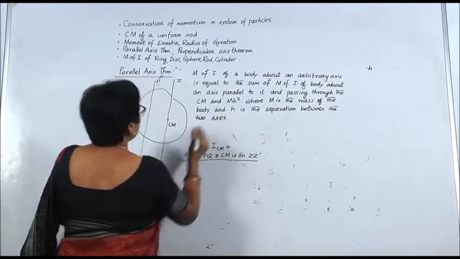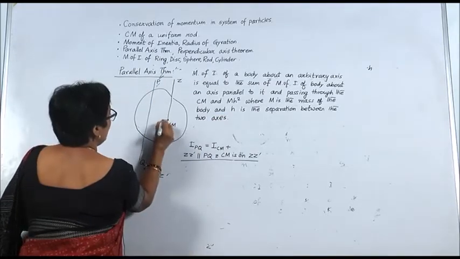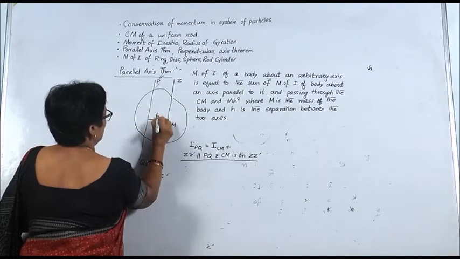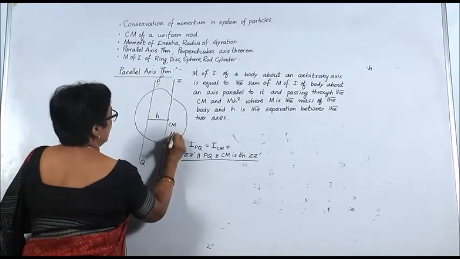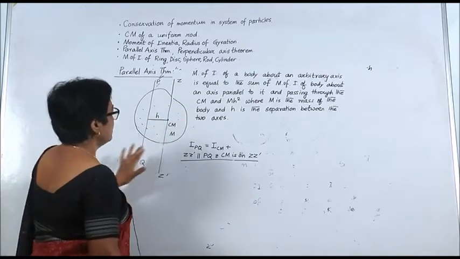Here my two axes are PQ and z z dash. The separation between them is h, and the mass of this entire body is m.